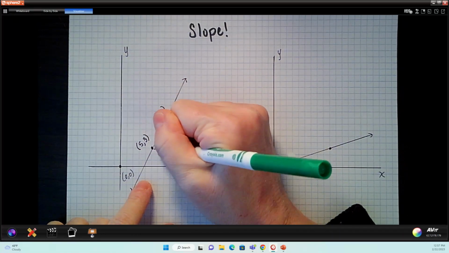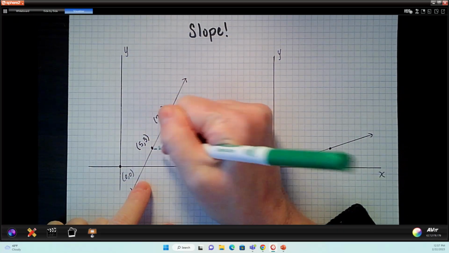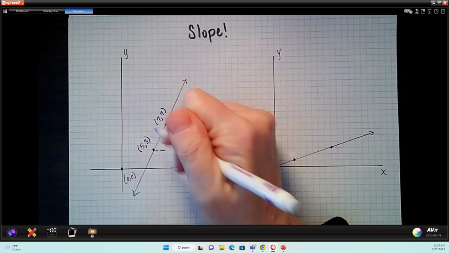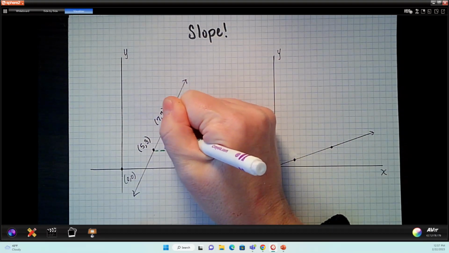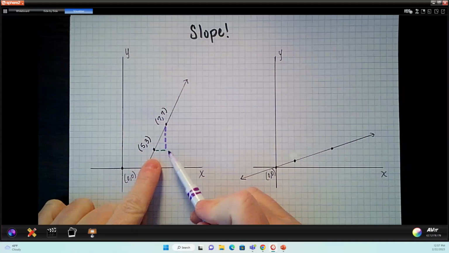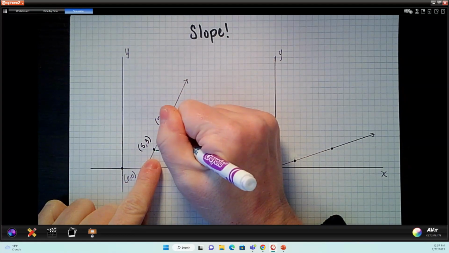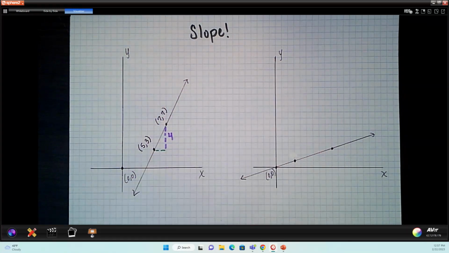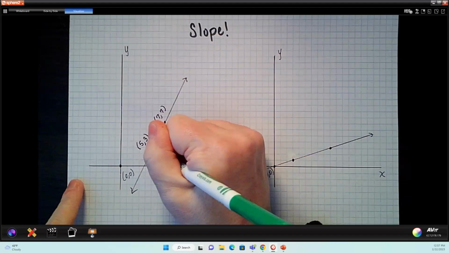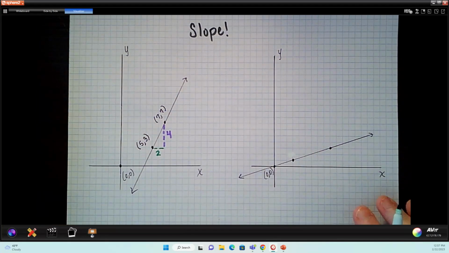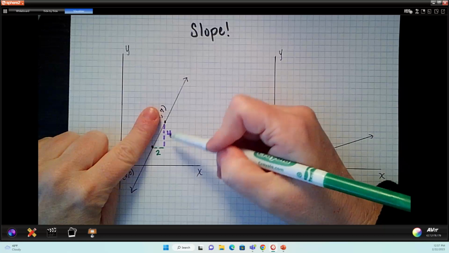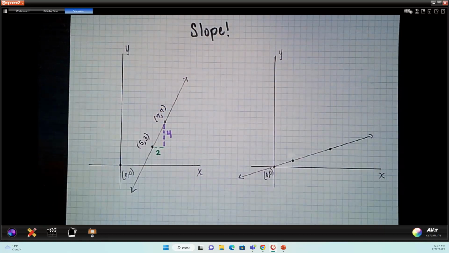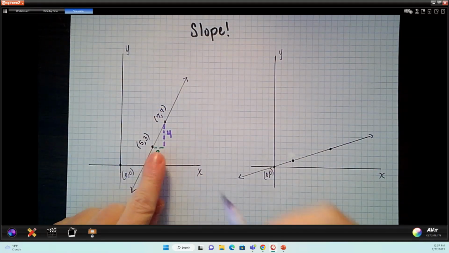So if we look at the base here, we can see that if you connect, I'm using purple and green. If you see the triangle here, I just went up 4 units and over 2. So the slope of a line is kind of like the hypotenuse of a right triangle, and we look at this as the height of the triangle.